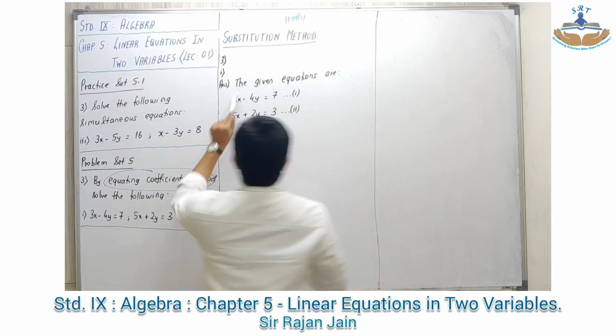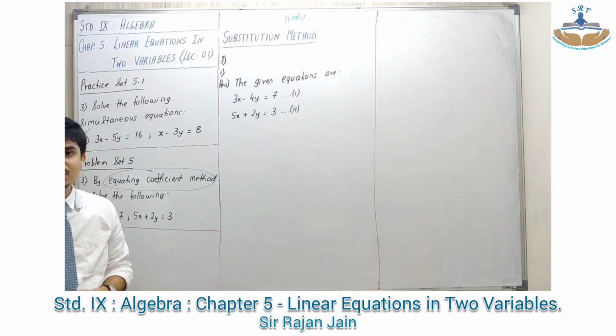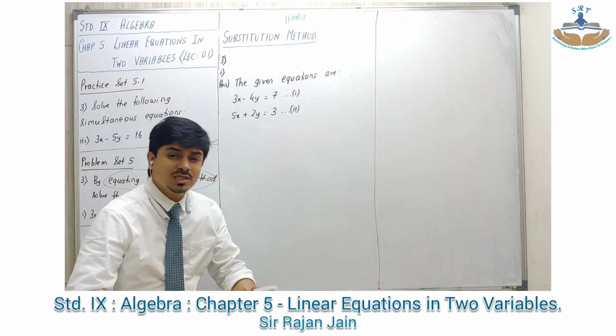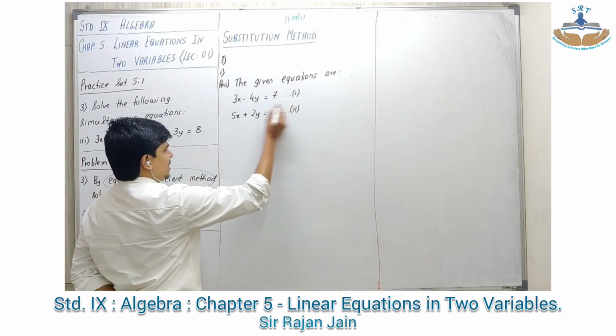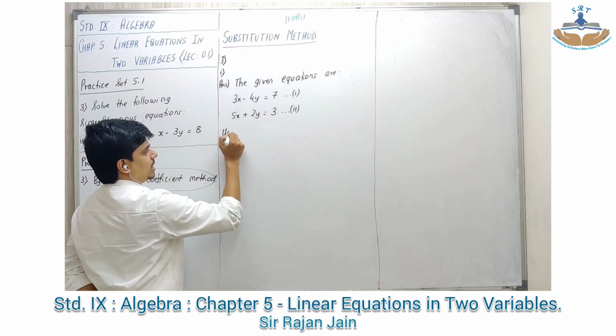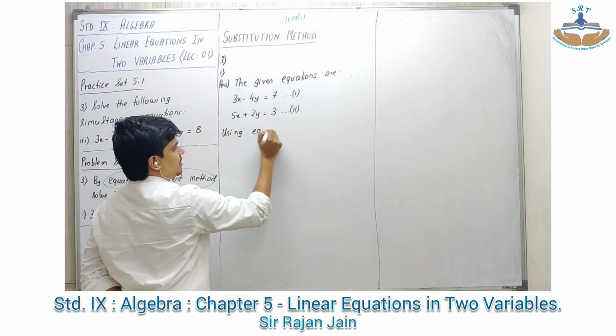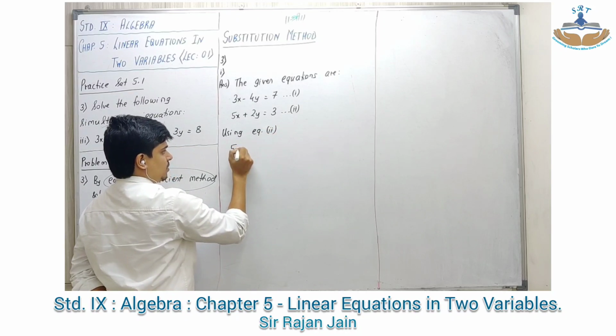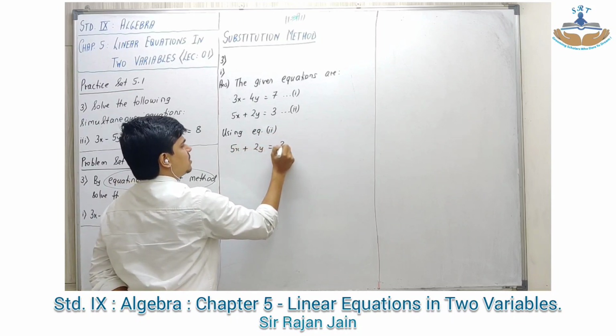Clear? If I go to see over here, coefficients इधर भी 1 नहीं है. In that case, you can start with any equation. Suppose if I start with equation 2, okay, I'll say using equation 2, 5x plus 2y equal to 3.